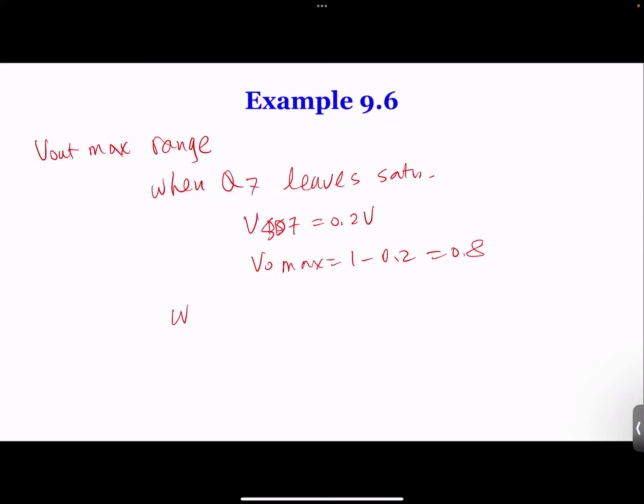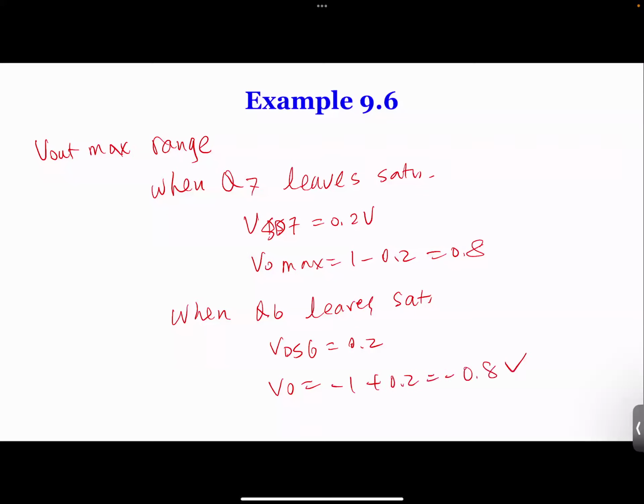And for minimum, Q6 leaves saturation, and VDS6 equals 0.2. So VO equals -1 plus 0.2, which gives you minus 0.8 volts. Now we got the range: minus 0.8 to 0.8.